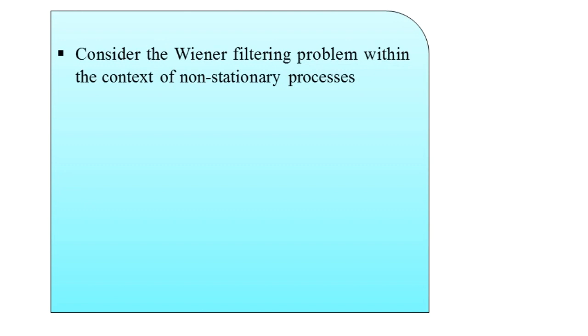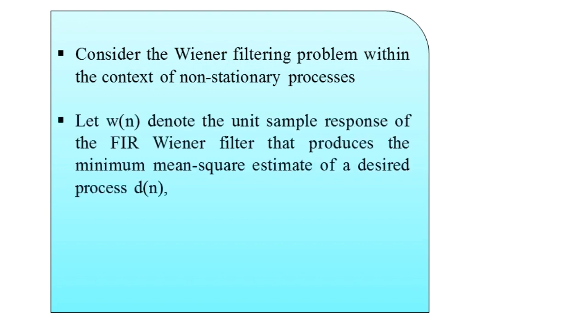So let us denote w of n as the unit sample response of the finite impulse response type Wiener filter. In the previous chapter we covered both FIR, finite impulse response, and IIR, infinite impulse response. This is supposed to produce the minimum mean square estimate for a desired process that can be denoted by d of n.